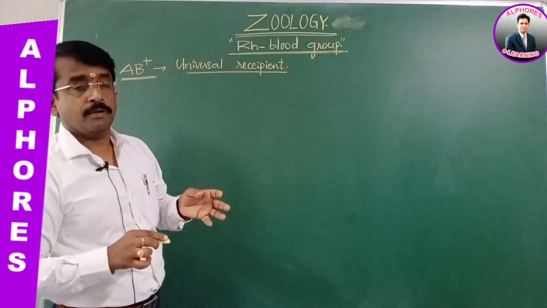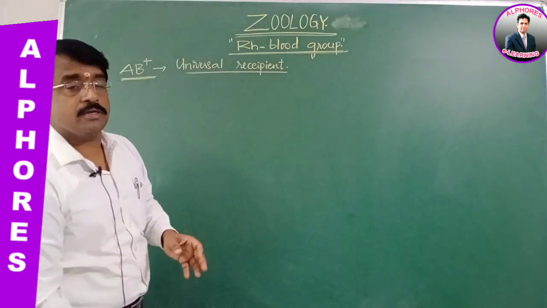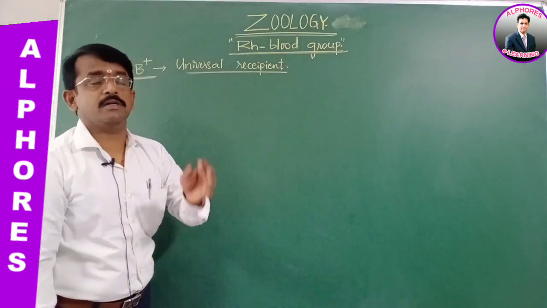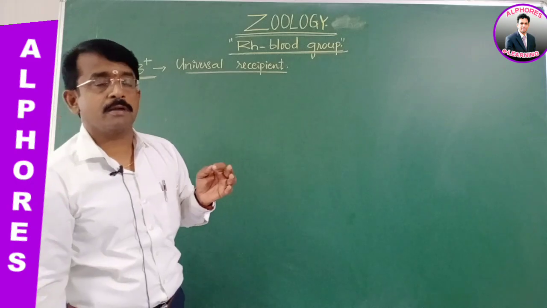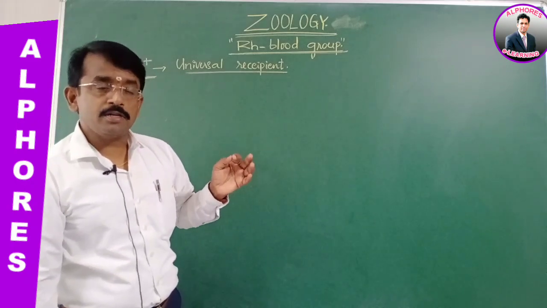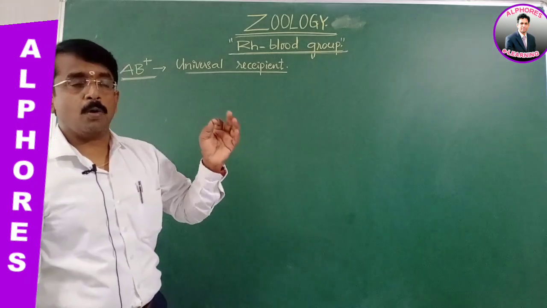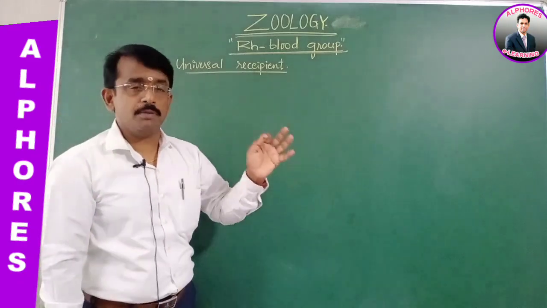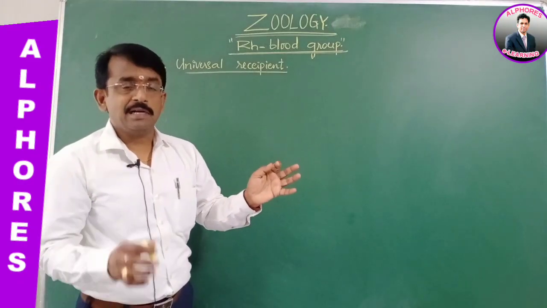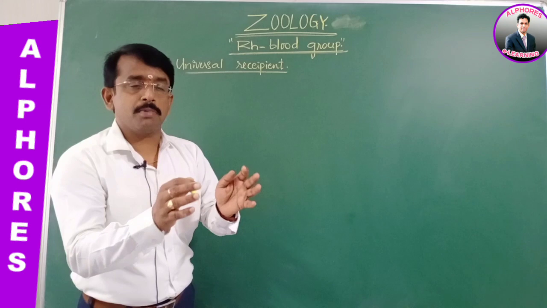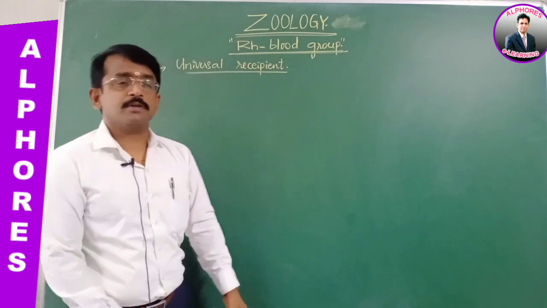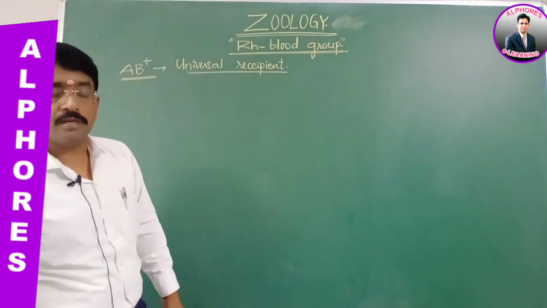are said to be positive. I told you that genetic incompatibility is the inability of 2 different blood groups to coexist together.